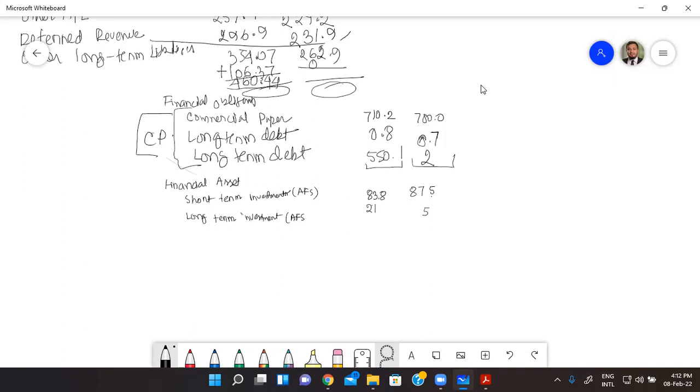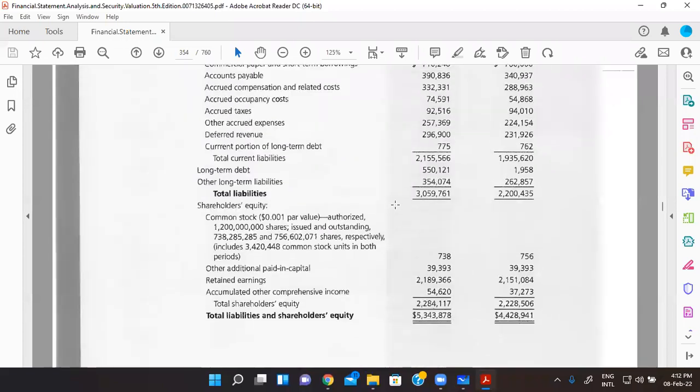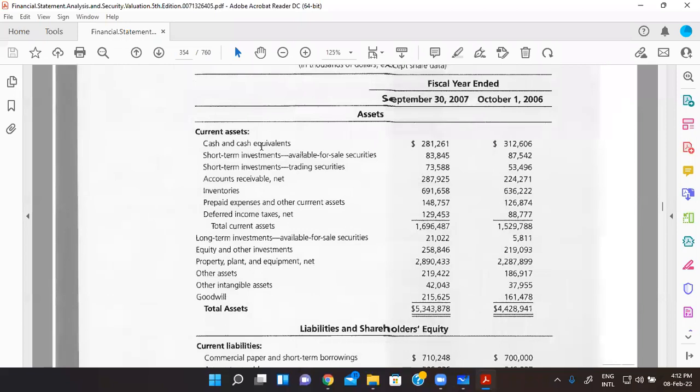By this time, I'm adding the remaining amount of cash, which will be part of the financial assets. You can probably recall that in the cash and cash equivalents, I mentioned that 40 million will be operating cash in 2007 and 2006, but you see that our cash and cash equivalents are in excess of 40 million. So the remaining amount will be part of the financial.